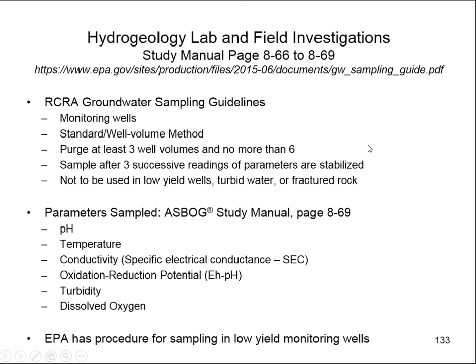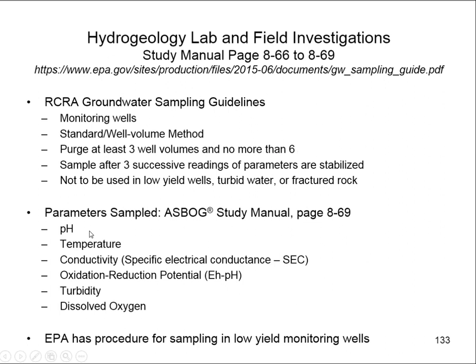One of the sampling methods for rock groundwater monitoring wells is called the standard or well volume method. This is where we will purge at least 3 well volumes and no more than 6.